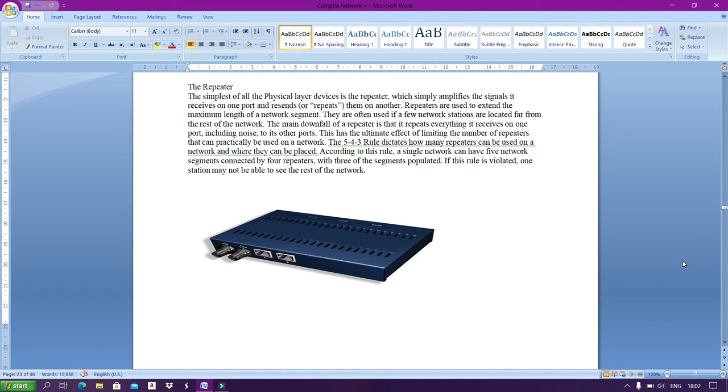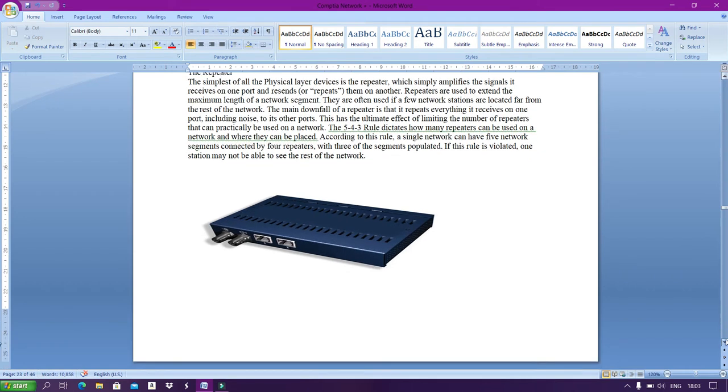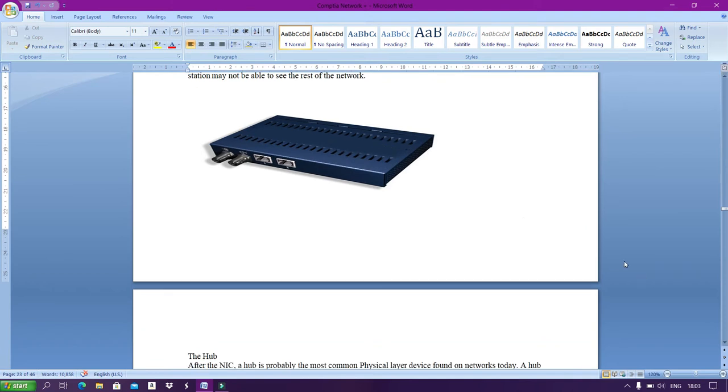According to this rule, a single network can have 5 network segments connected by 4 repeaters, with 3 of the segments populated. If this rule is violated, one station may not be able to see the rest of the network. And here is a picture of a repeater.